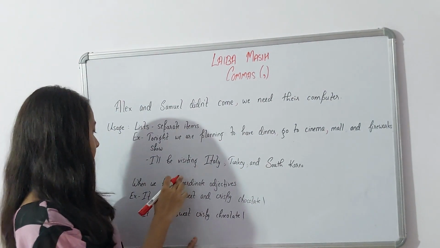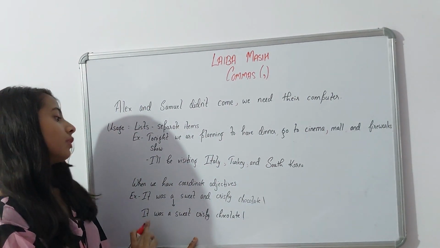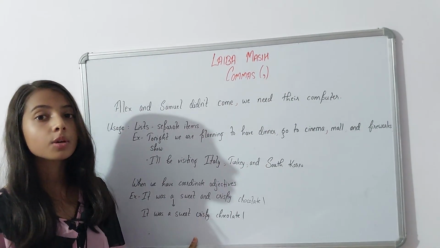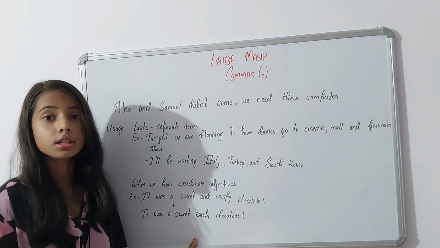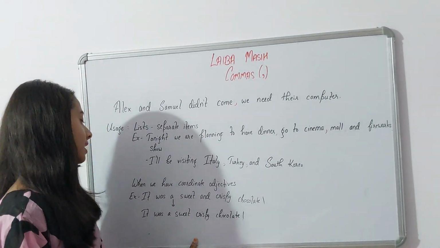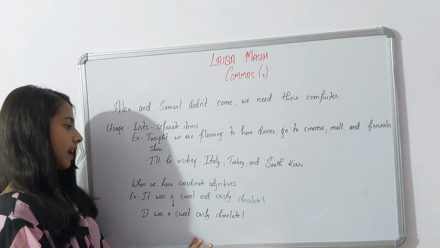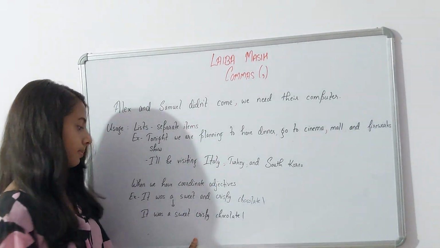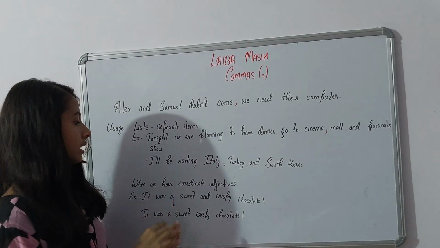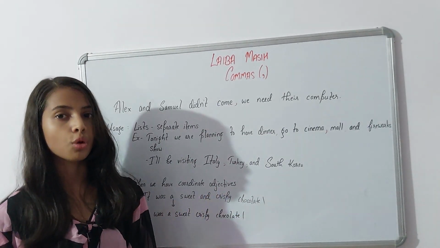Now after the list, the next is when we have coordinate adjectives. If you want me to make a video on this type of adjectives, on phrases or clauses, do comment down in the comment section below. So when we have coordinate adjectives, you can understand it by the examples. That is, it was a sweet and crispy chocolate.